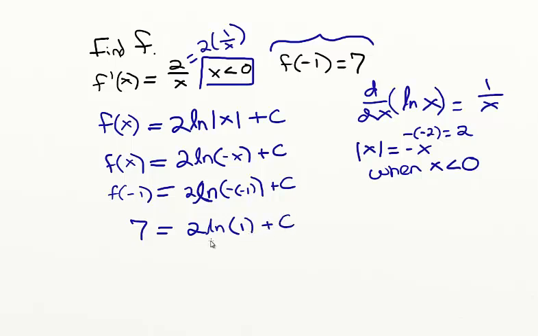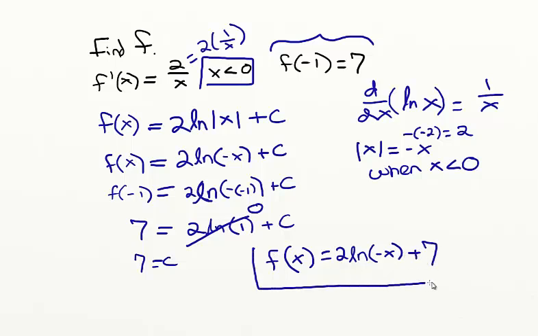The natural log of 1 is 0, so we get 7 equals our constant. Then our original function becomes f of x is equal to 2 times the natural log of negative x plus 7, because 7 was our constant, and that is our original function f, whose derivative is 2 over x.